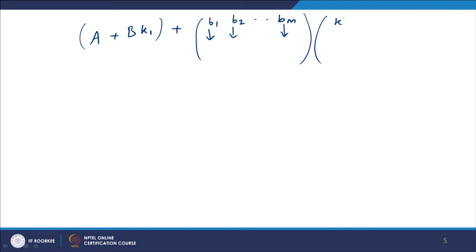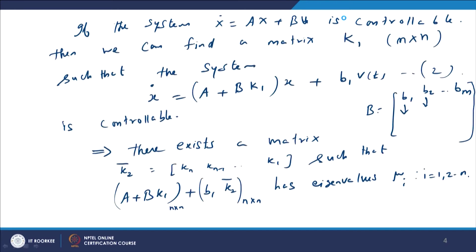A plus B K1 is already there, and in the place of B1, B1 is the first column, and we take all the other columns of the B matrix, and the first row is from this equation. B1 is the column and K2 bar is a row vector.